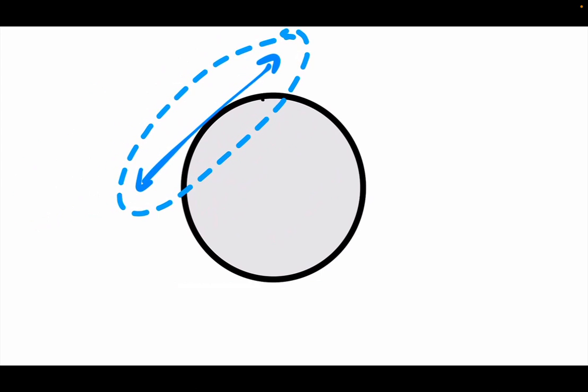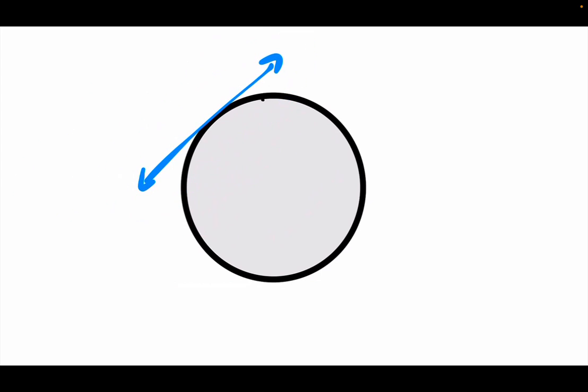It looks like this. The blue line ricochets, or touches the circle, at one point. So we say the blue line is tangent to the circle at the red dot. That's what tangent means. It touches it at one spot.